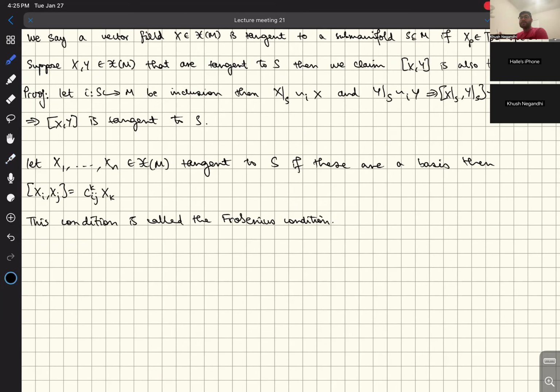Because you can check that the space of vector fields with the Lie bracket is actually a Lie algebra. And this is equivalent to saying that you have a linearly independent Lie subalgebra. Okay, are there any questions on the Frobenius condition and what it's saying?